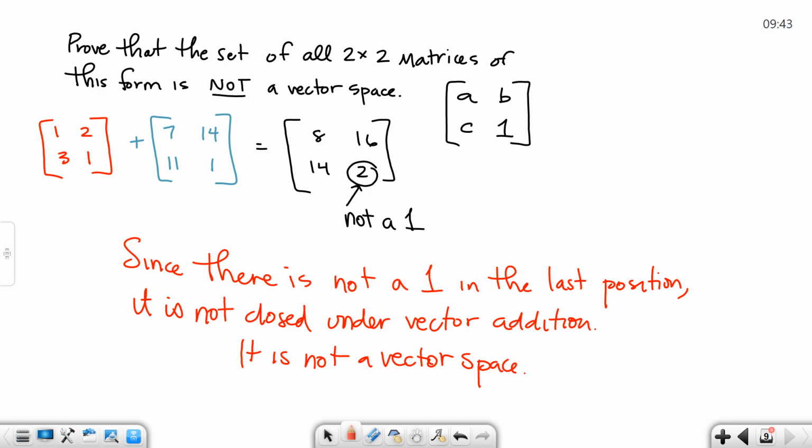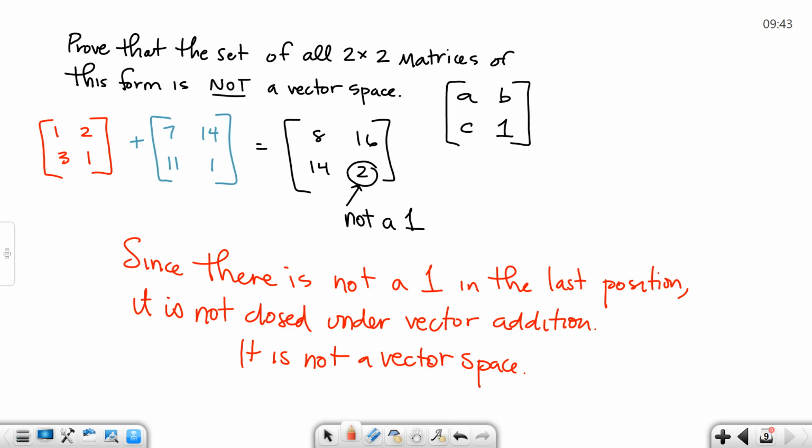Now, that's all you had to say. You didn't have to write it out in full essay form either. But there's lots of things that it would fail. It would also fail the 0 vector. Because remember, the 0 vector would have to be 0, 0, 0, 0, and that doesn't have a 1 there, so it fails that one.